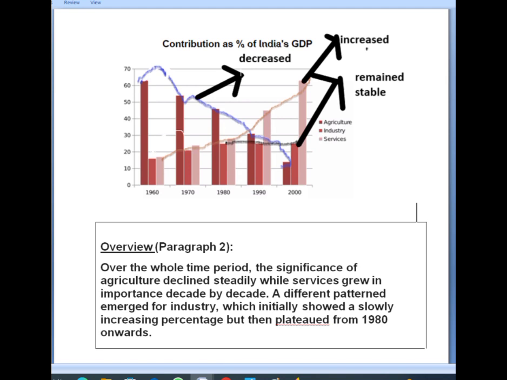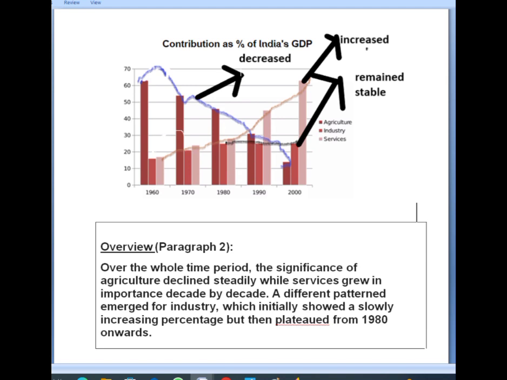Here, look at the figure. There we can see three different sectors: agriculture, industry, and services, in which agriculture is represented with brown color, industry is represented with light brown color, and services is represented with very light brown color.